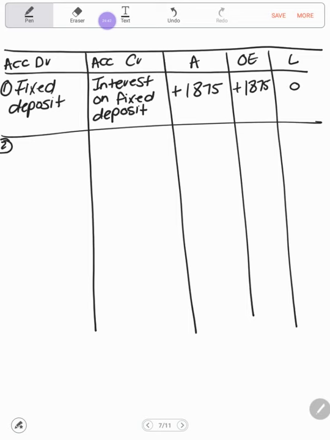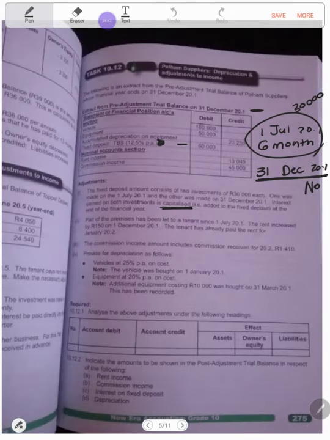Moving on to number 2. Part of the premises has been let to the tenant since the 1st of July. The rent increased by 150 on the 1st of December. The tenant already paid the rent for January 20.2. So now it becomes a bit tricky because there has been an increase, and because of the increase you can't divide by the number of months that rent has been received.